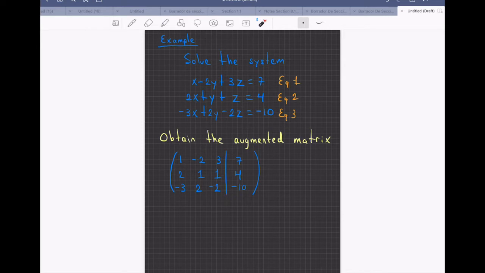All right, this method is about that we need to transform or turn this matrix into something like this.